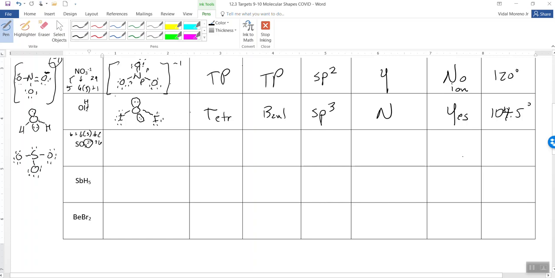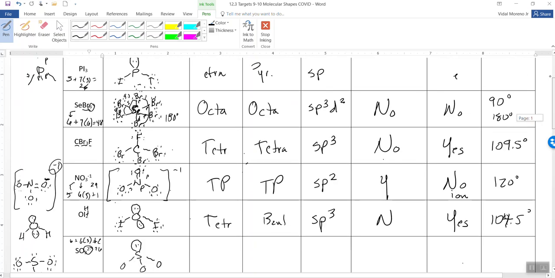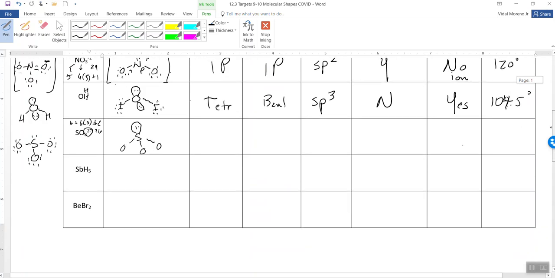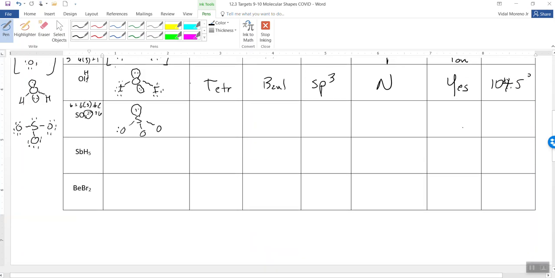Oh, that's it. This is 3 shared pairs and an unshared pair. This is just like the first one, tetrahedral pyramidal.